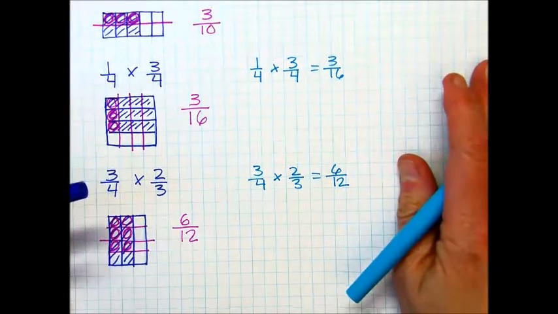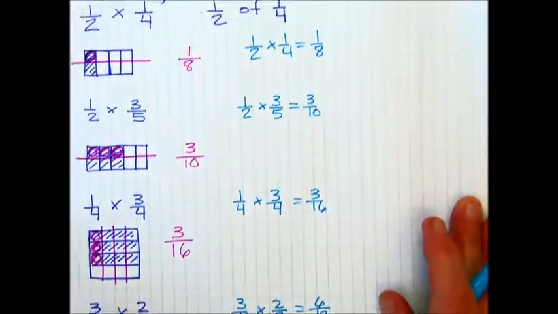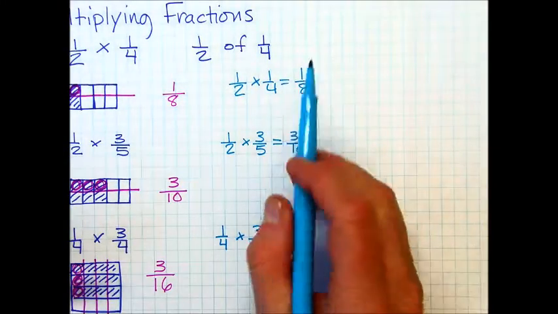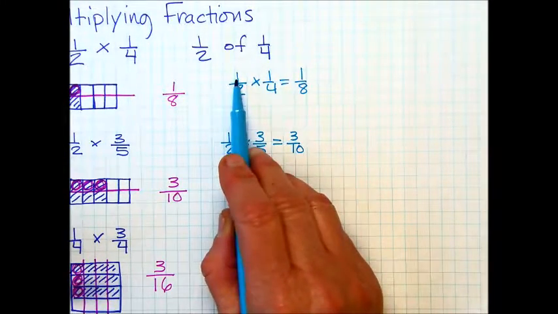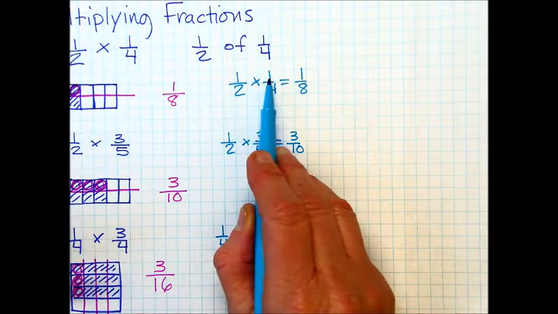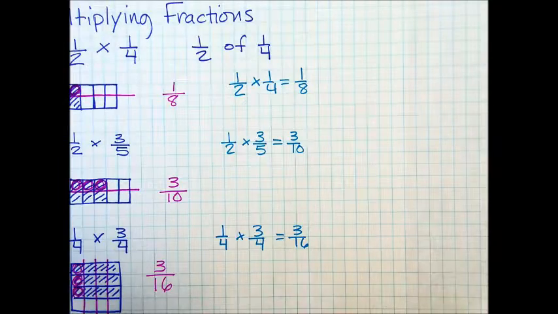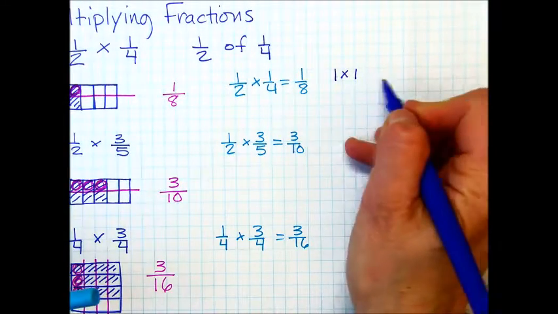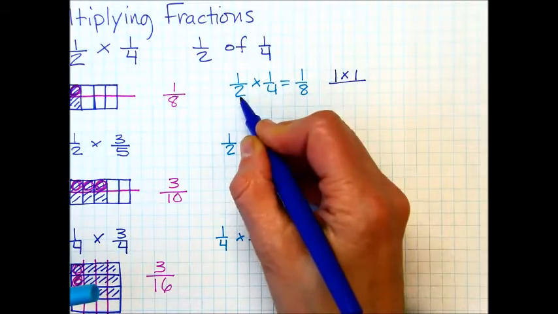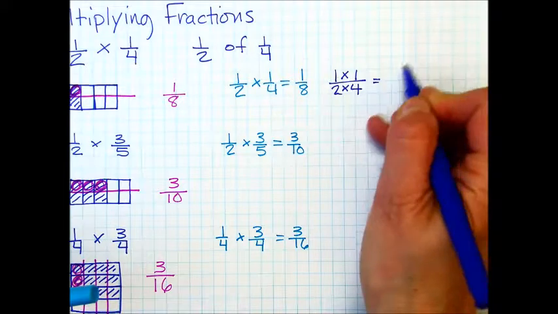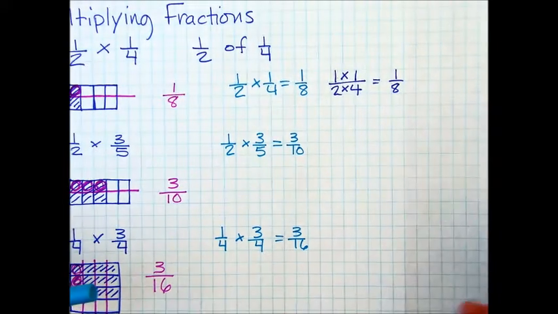Now hopefully you're seeing a pattern here. I'm going to go back, and just to be really explicit, if you look at our numerators, when we multiply them across, 1 times 1, and 2 times 4, we get 1/8.